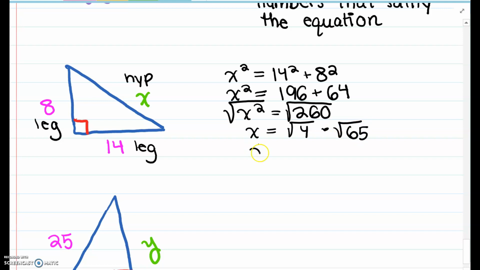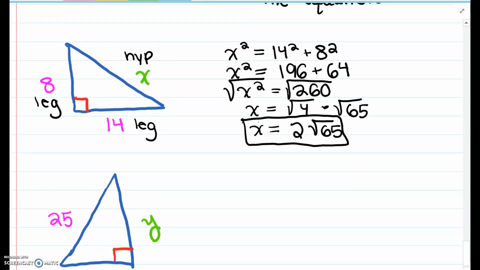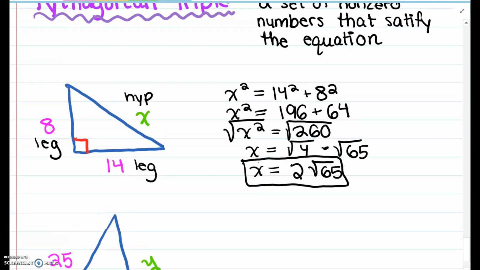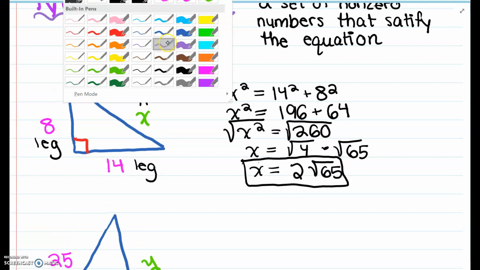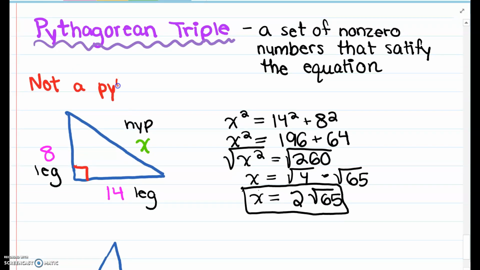And the square root of 4 is 2, so we end up with x equals 2 radical 65. And this is not a Pythagorean triple, because all the sides are not whole numbers.